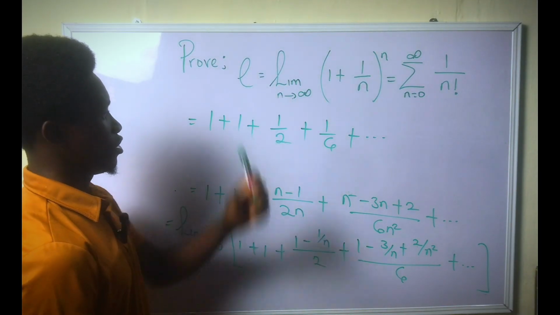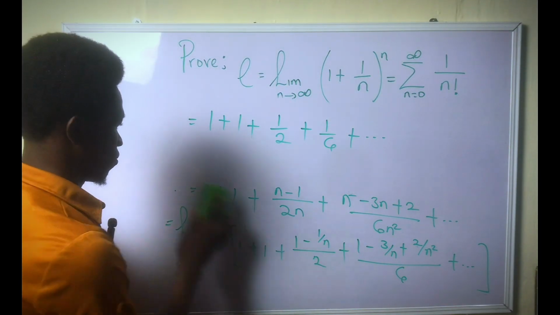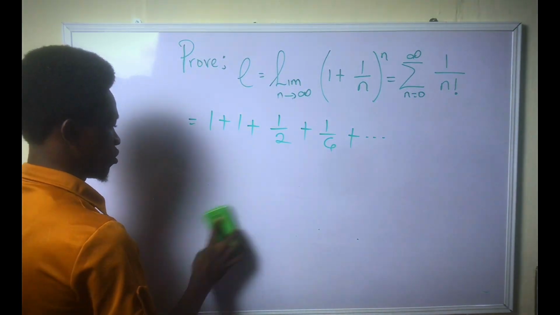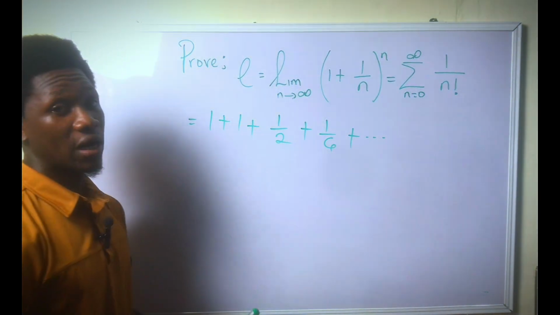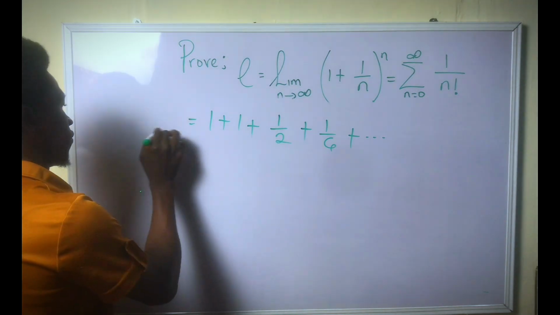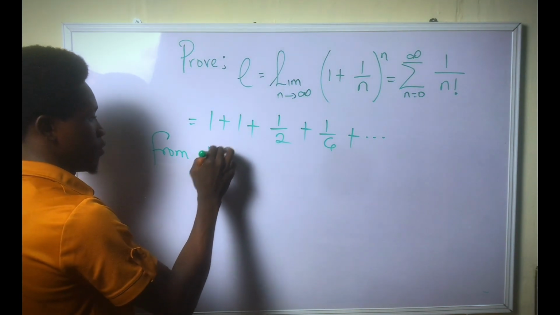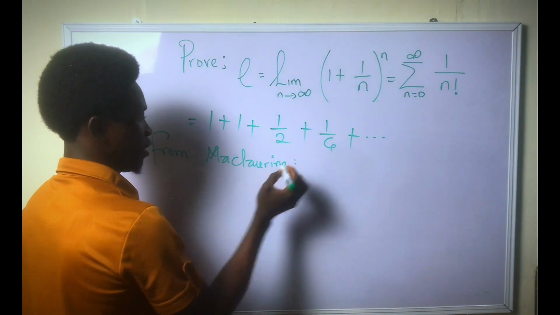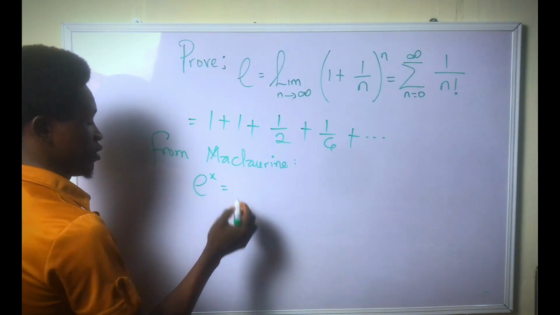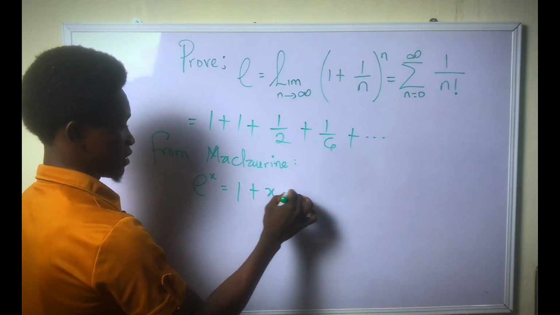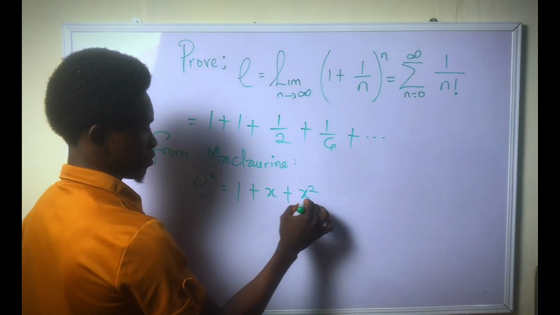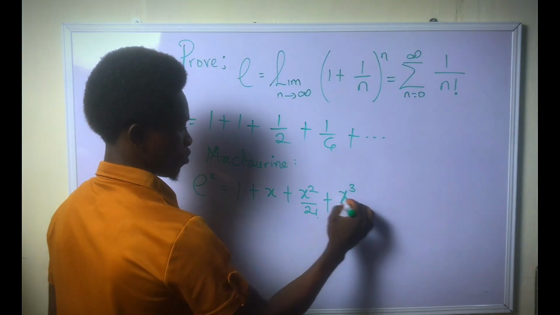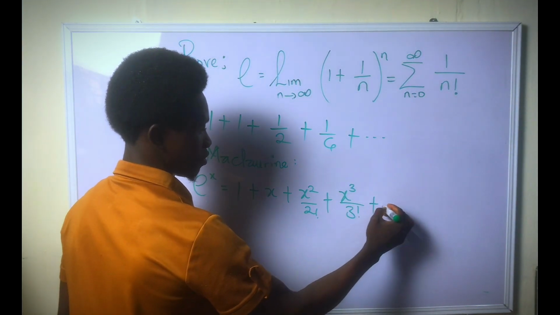So let's see quickly how this corresponds to what we did. For Maclaurin series, we are made to understand that e raised to the power of x is equal to 1 plus x plus x squared over 2 factorial plus x cubed over 3 factorial, then on and on.